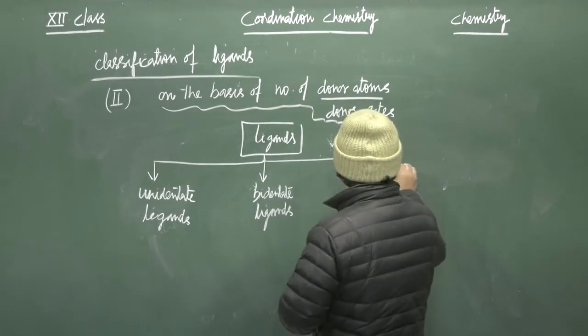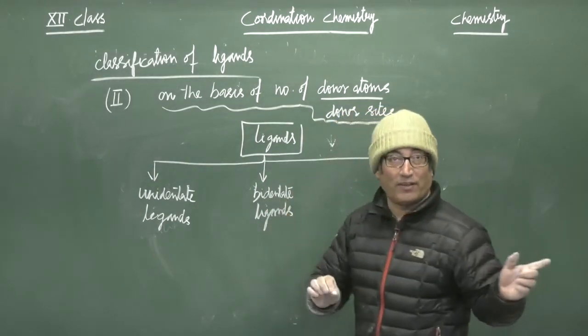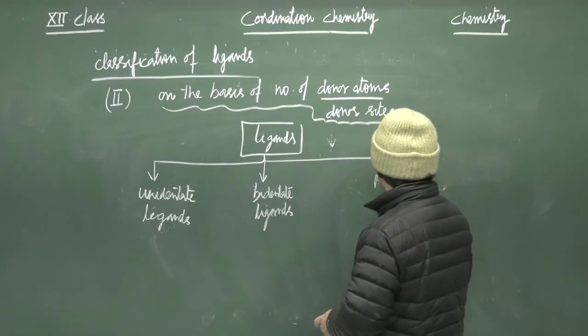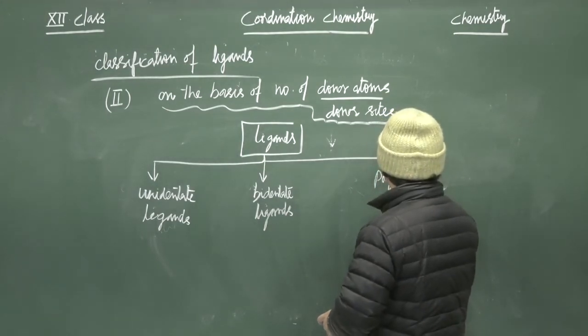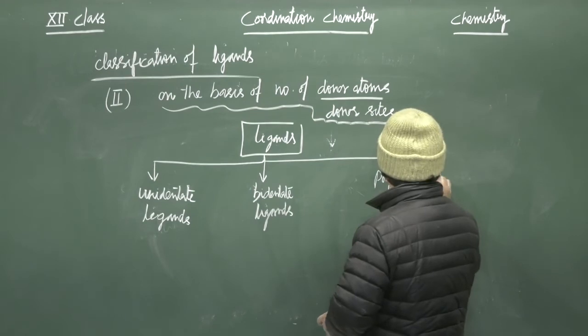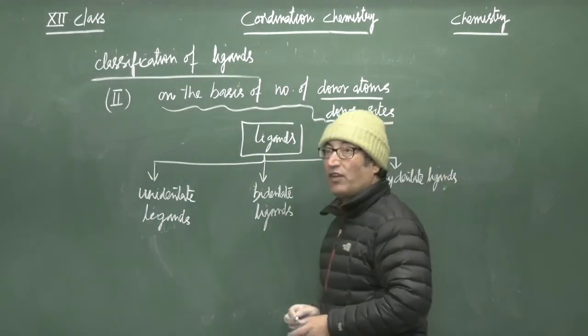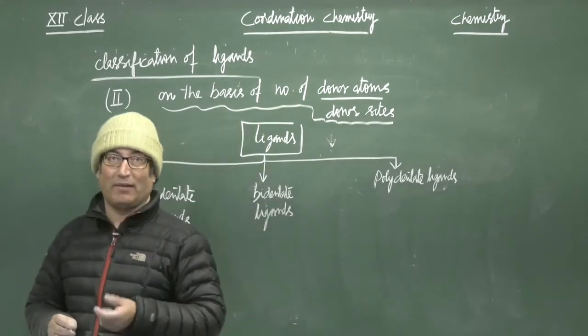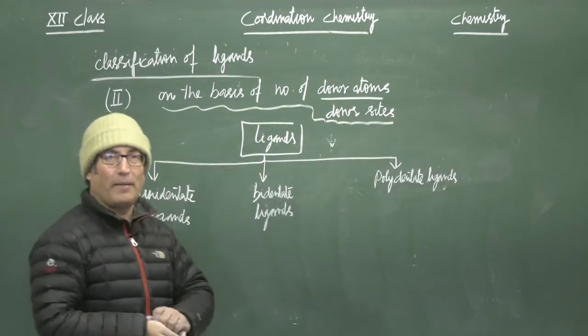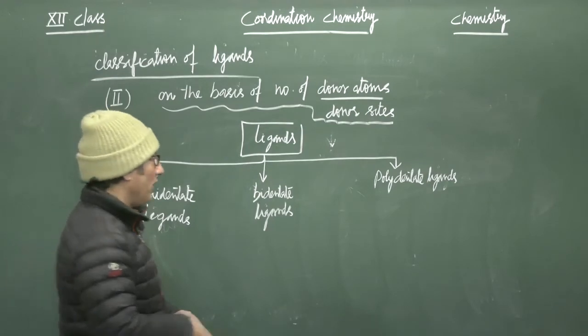Then you have a collective classification, which is polydentate ligand. Ligands which have more than two teeth, more than two donor sites, are called collectively polydentate.